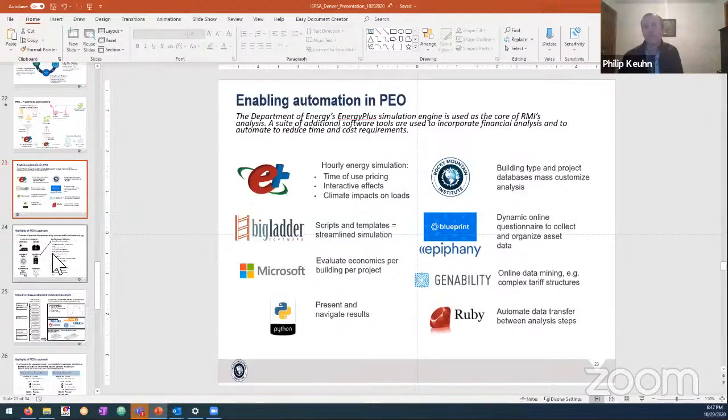Epiphany is a computer software developer out of Italy, and we've been working with them to develop a European web-based version of this. And with Genability, we've mainly been working with them to pull from their database, which is a pretty deep database of detailed utility rate structures, something we put a really high priority on.